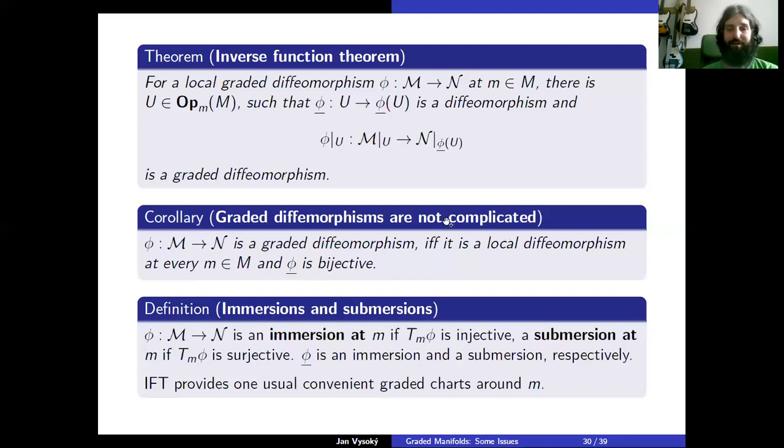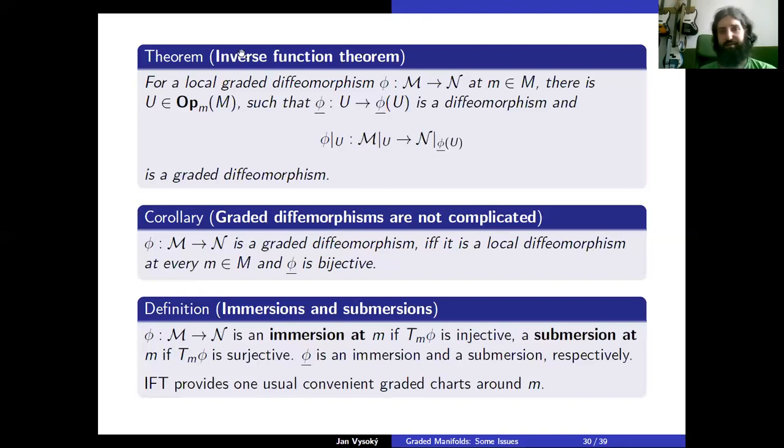So in fact, graded diffeomorphisms are not very complicated beasts, because on the level of the underlying map, it's the same as ordinary differential geometry, but in these higher degrees, it's decided entirely in the first degree derivatives of my maps in coordinates, basically.